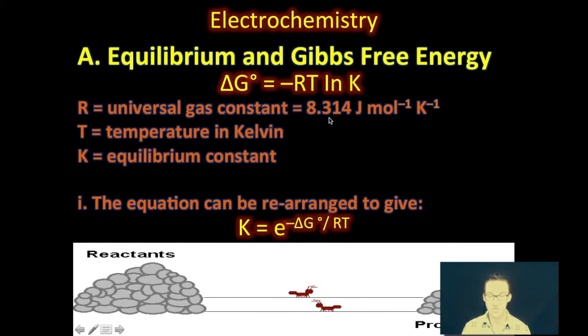You want to make sure that you use the energy one in this example because we are talking about Gibbs free energy. So here we will use 8.314. Your temperature again has to be in Kelvin, and K is your equilibrium constant. And then we'll talk about mathematically how you can rearrange the equation to solve for the equilibrium constant. If you're a math genius, you may already know how to do this, just using some awesome algebra skills to solve for something else in the equation.